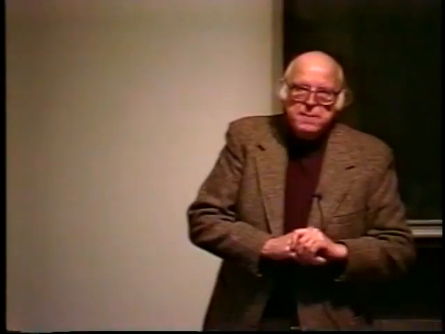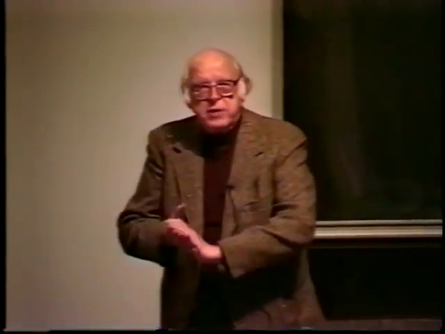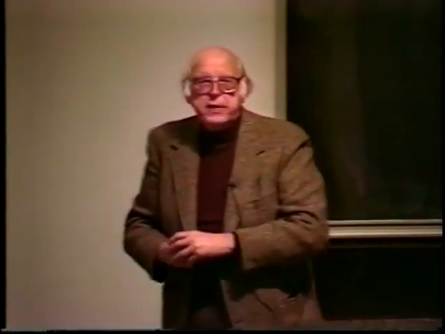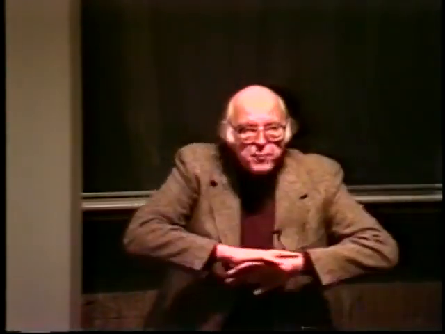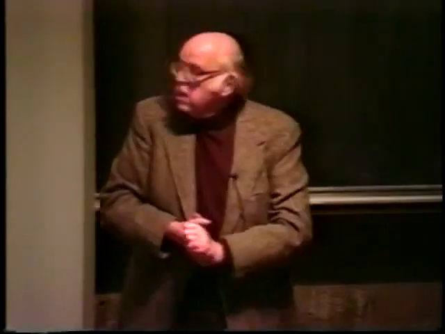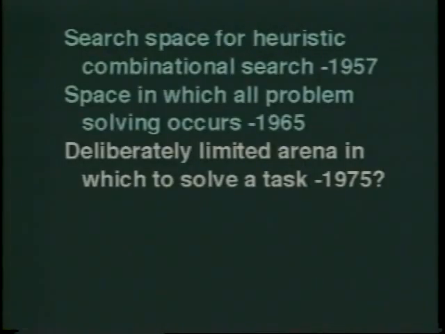A few years later, I can't quite pin down the date, the idea was finally understood that unlike simple little AI programs, real human intelligence has such a huge body of knowledge that for any task it wants to do, it must select out a small arena in which to do this task, and it must get rid of almost everything else that it wants to do. So there is a deliberate limitation to an arena.